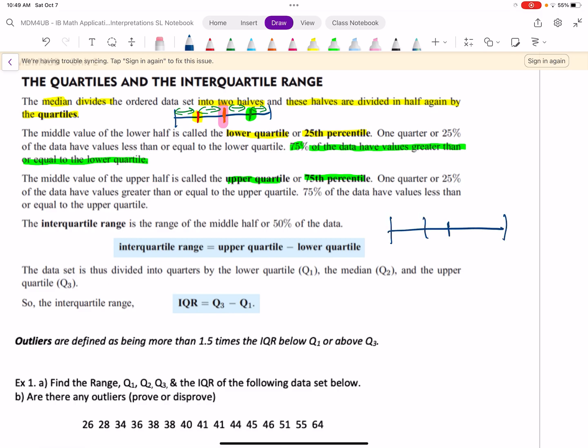So we're going to talk about the spread, and sometimes we're just concerned with the middle part. If here's the median, and here's what's called Q1, this is Q3, and the median is called Q2. If we just look at the spread between here and here, which can change based on the data set, this part is called the interquartile range. So the interquartile range is the range of data, just like we talked about, the highest minus the lowest, but you exclude the lower 25% and the upper 25%.